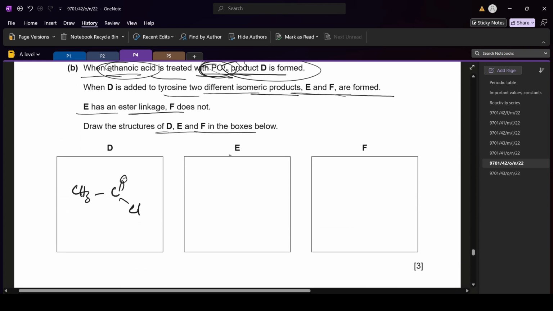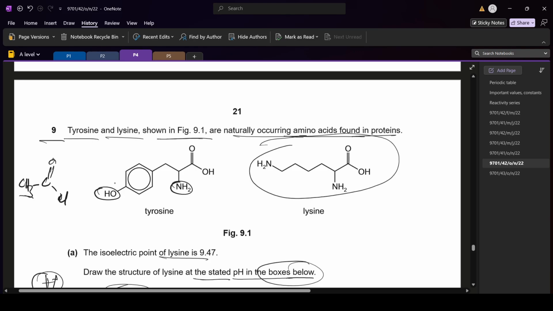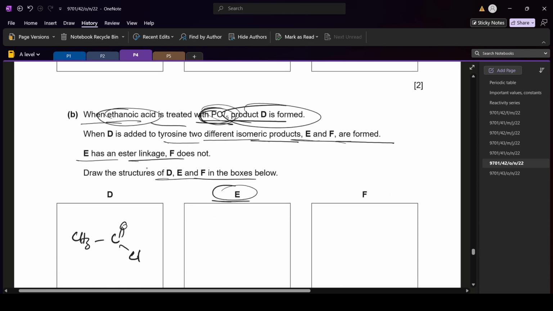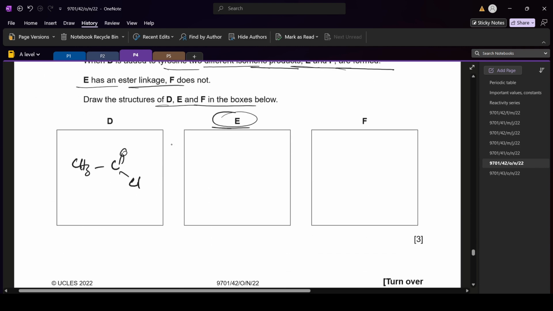So E must be, it says E has an ester linkage, so it must have reacted with OH, and F does not have an ester linkage. So in F, this amide linkage would have formed.